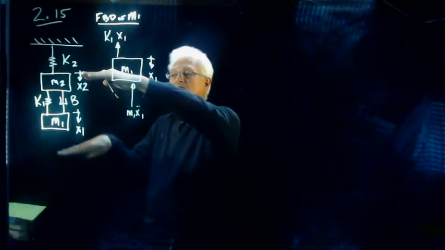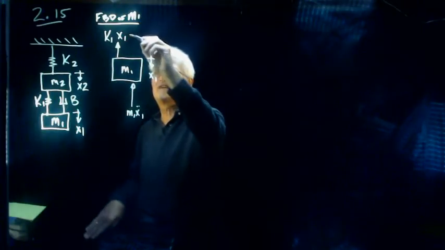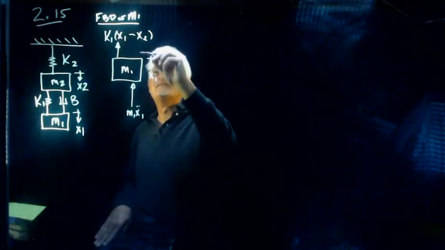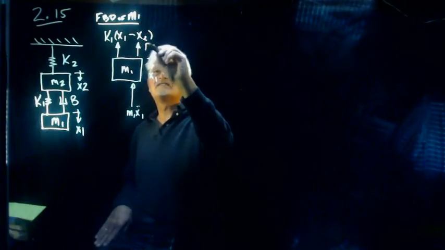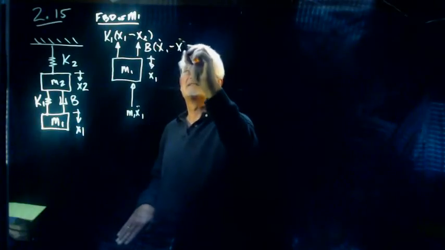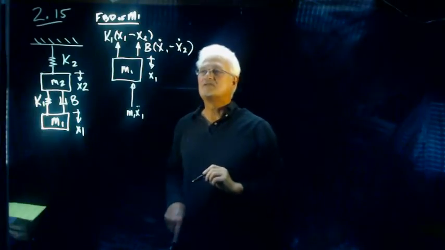If I move M1 in a positive direction, I get a big force, but if I move M2 in a positive direction, that force gets smaller. So I can write it that way. And equally, this is going to be B times X dot 1 minus X dot 2. Those are my forces.